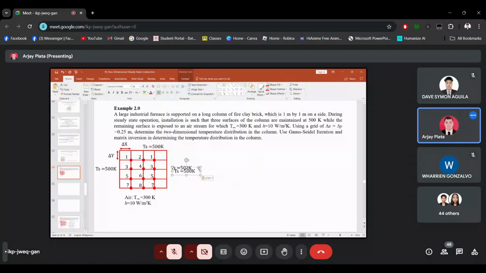So as you can see, nodes 1, 3, and 5 are interior nodes, which means that we will use the equation for interior nodes.